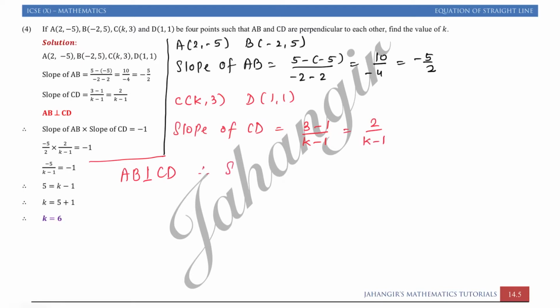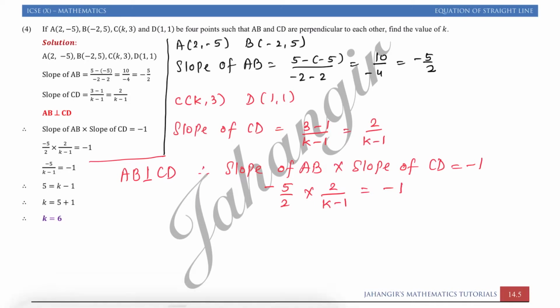So therefore slope of AB multiplied by slope of CD is equal to -1. So -5 by 2 into 2 upon (k - 1) is equal to -1.